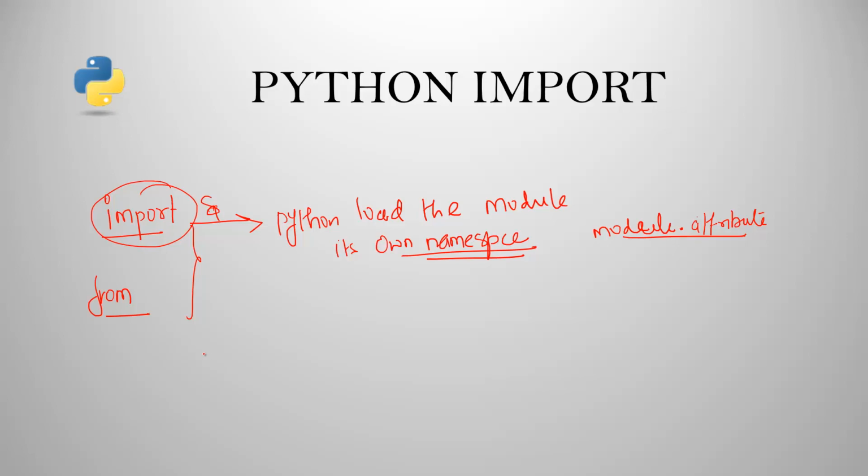From loads the Python module into the current namespace, so you can directly access the attributes without mentioning the module name.